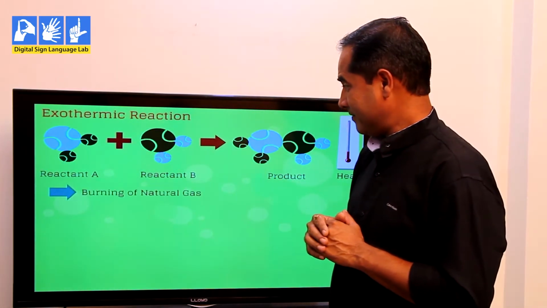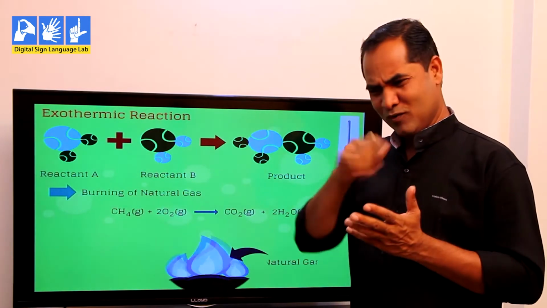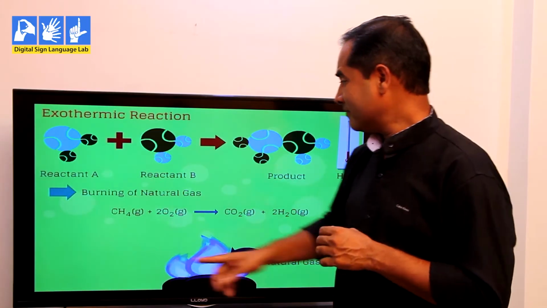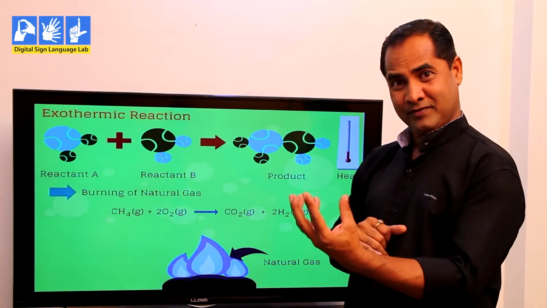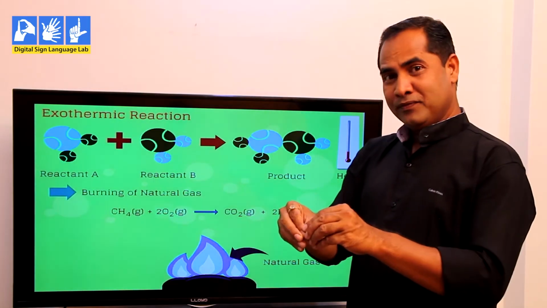Now we'll see an example. Burning of natural gas. You must have seen CH4 or methane gas when it is burnt in presence of oxygen.